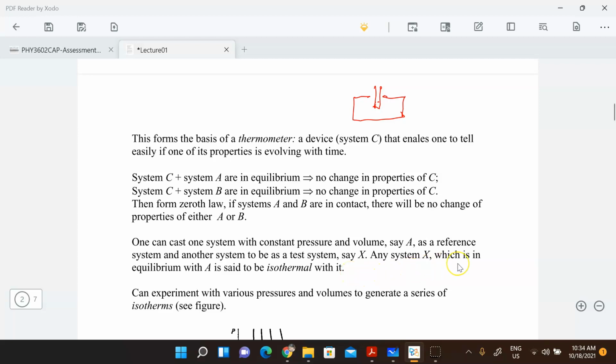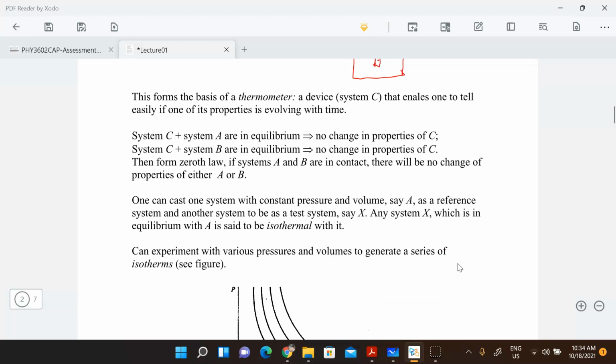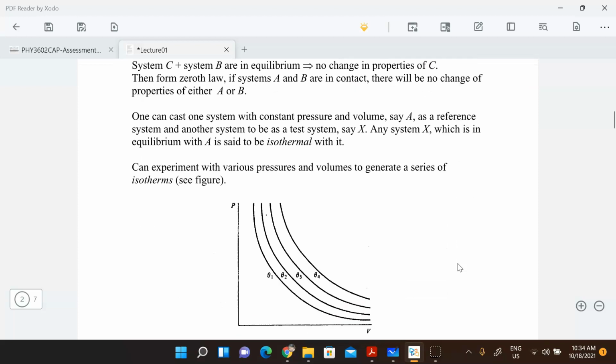So one can start to talk about isotherms. Isotherms are essentially curves. If you draw the PV diagram, you find that it forms curves like this.